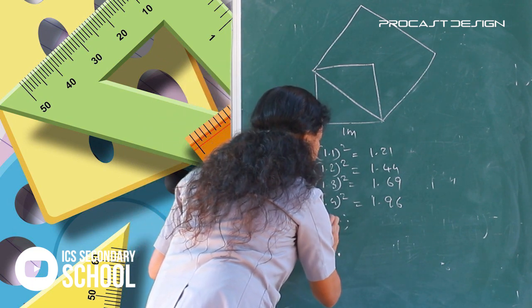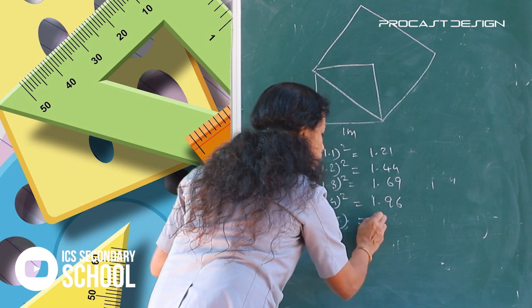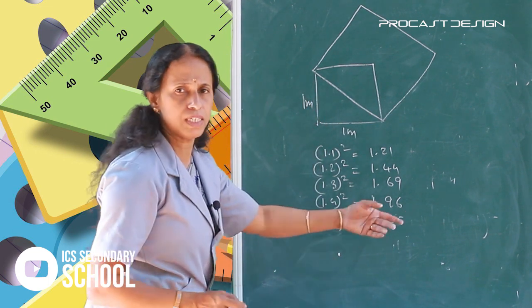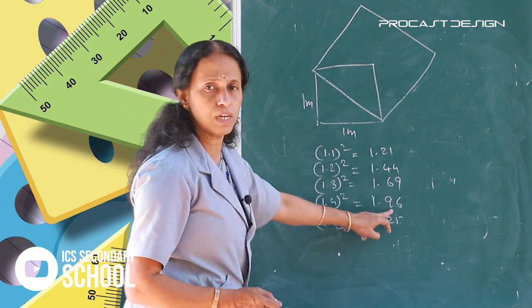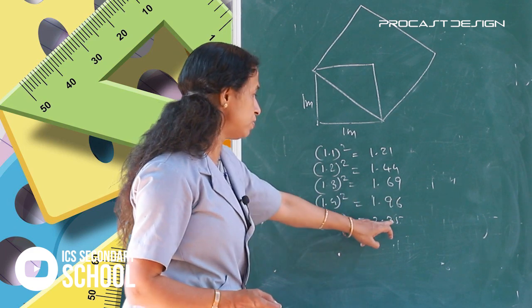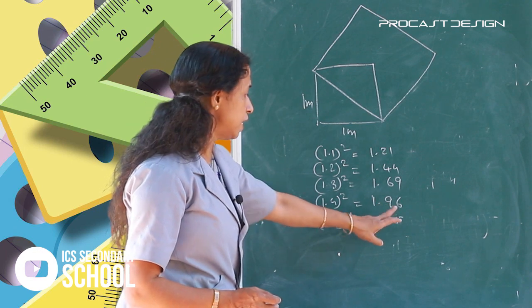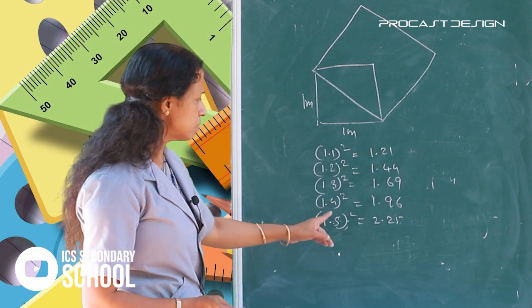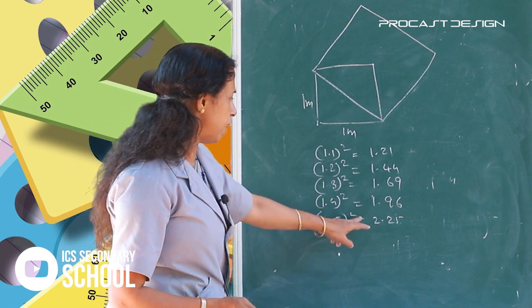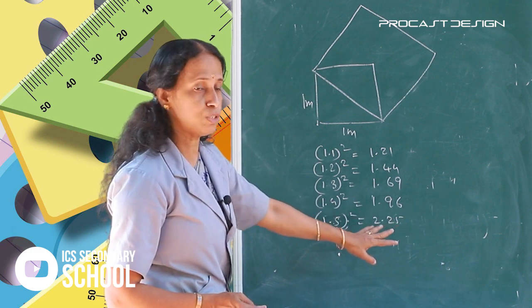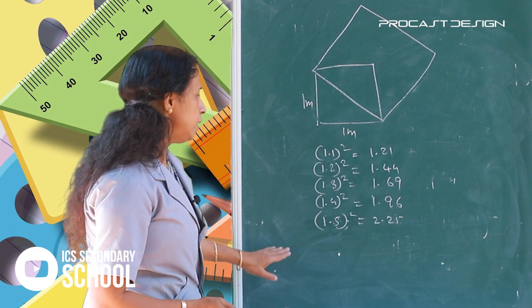1.5 square is equal to 2.25, this is greater than 2. 1.4 square is equal to 1.96, 1.5 square is equal to 2.25, okay.